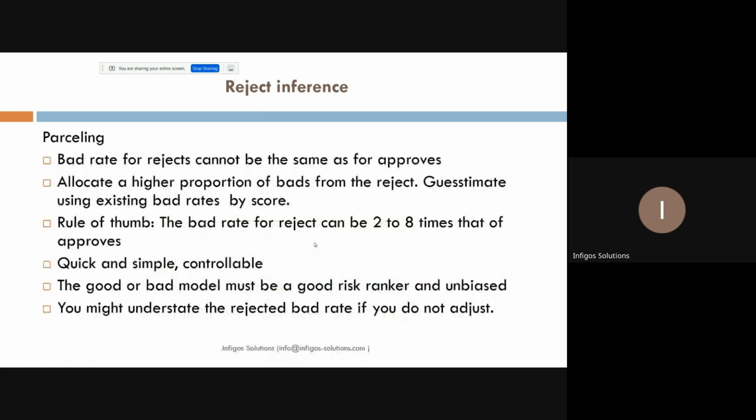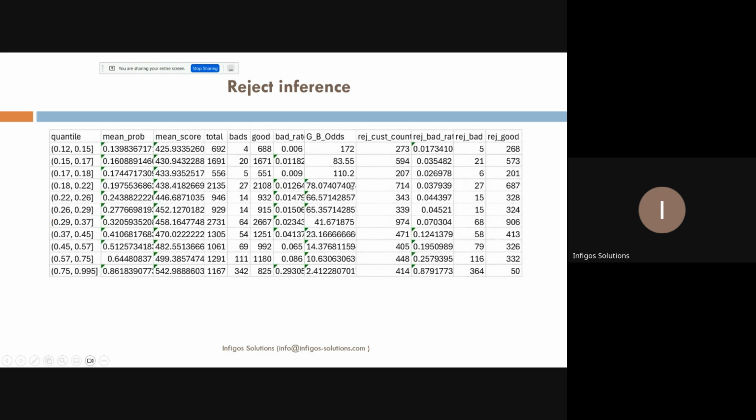For instance, look here. You have this many customers. These are bad, these are good. This is the bad rate. Bad rate means 4 divided by this value, 0.06. And you are saying that the bad rate of accepted is this, and it is 3 times for the rejected customers.